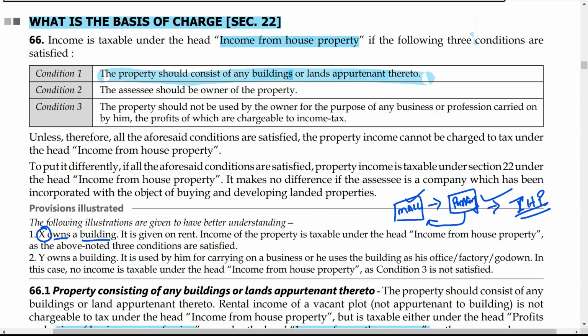Second one, the assessee should be the owner of the property. Here it is clearly mentioned that X owns a property and it is given on a rent, means it is given on a rental basis. That means it is not used for the business or profession carried on by him. So all the three conditions are satisfied only in these two lines. The income from property is taxable under the head income from house property.